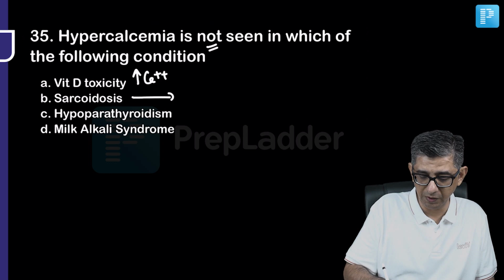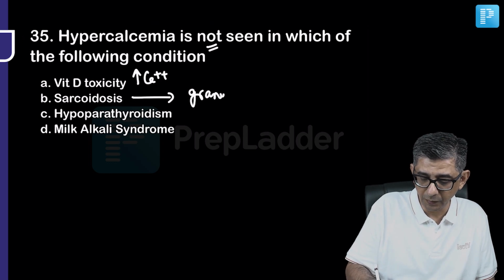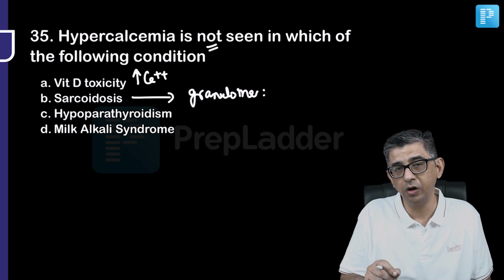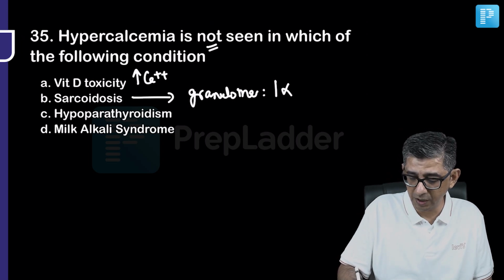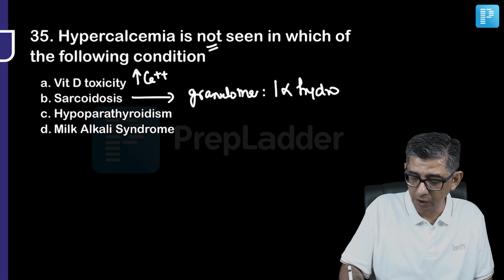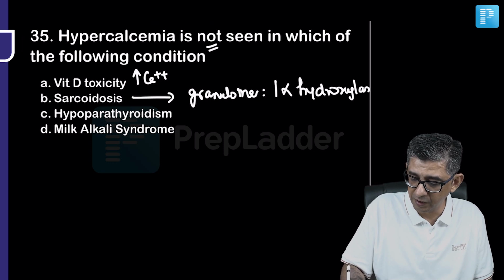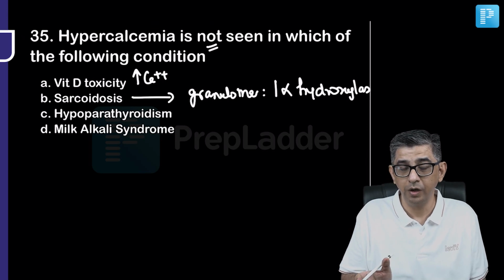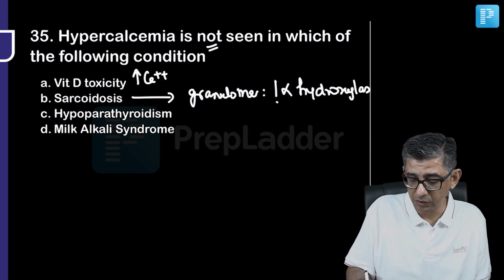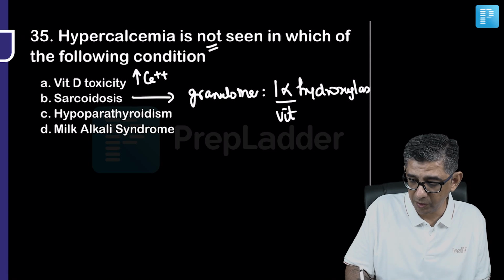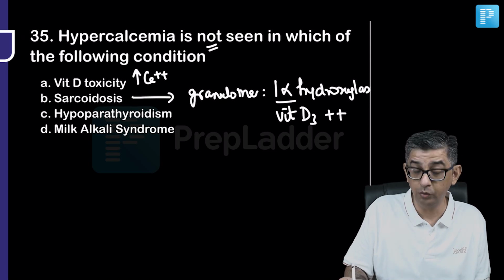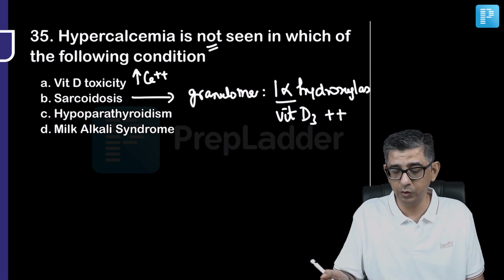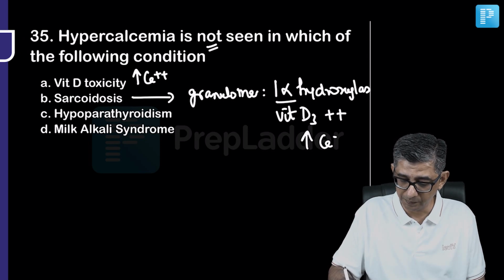In sarcoidosis, we have non-caseating granulomas, and what these granulomas contain is an enzyme which is traditionally present in you and me in our kidney, that is 1-alpha hydroxylase. This enzyme would be responsible for synthesis of vitamin D3, and therefore when you produce vitamin D3 in the granulomas, the values of calcium are bound to rise.